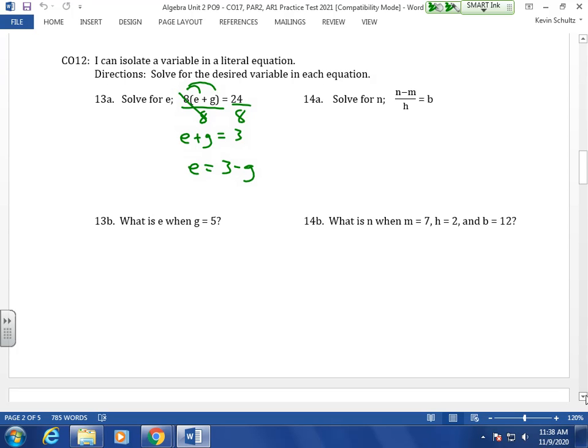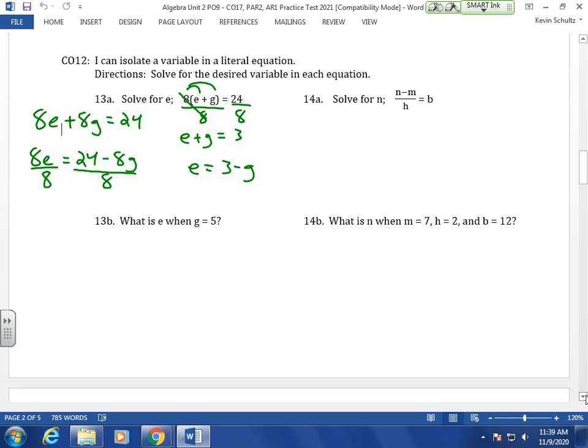Okay. Yes, if you did distribute, it's not unsolvable. You'd still move your g term over. So you get 8e equals 24 minus 8g. And then you divide by that coefficient of e. Remember when you divide or multiply an entire side, you're dividing everything by 8.